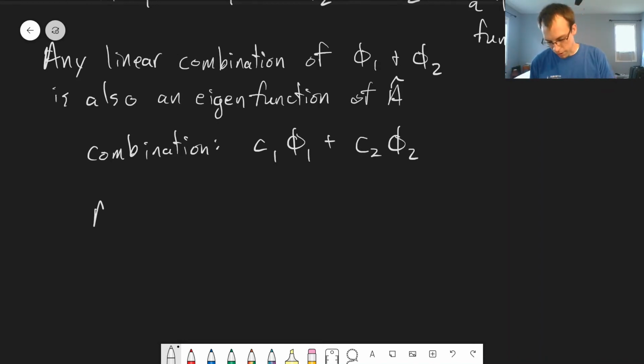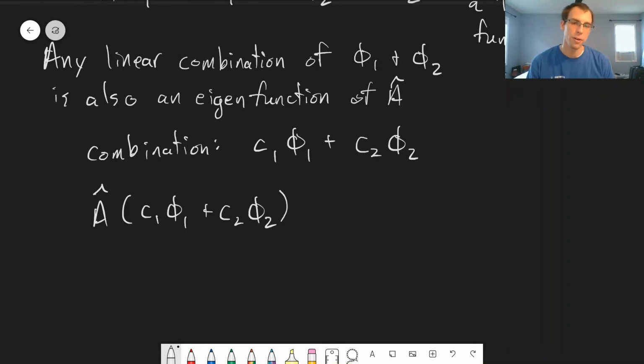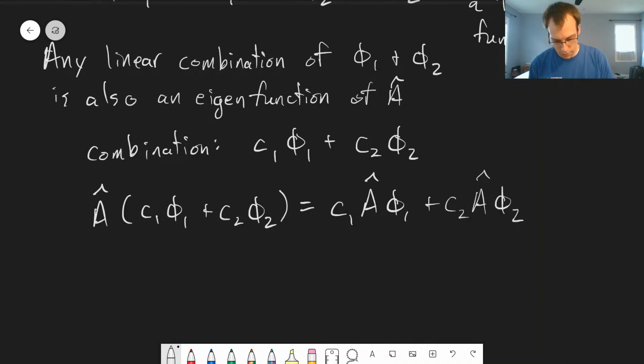If we take our operator and act it on this linear combination, in quantum mechanics all of the operators that we work with are linear operators, meaning that we can distribute it here. And so it satisfies this property. We can take C1 A times phi 1 plus C2 A times phi 2.